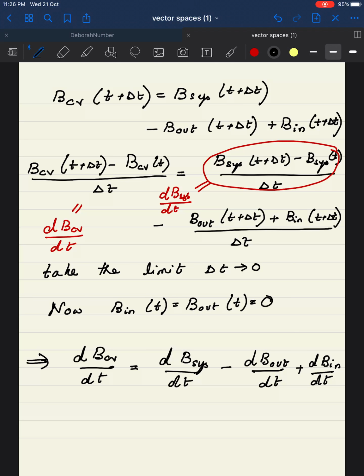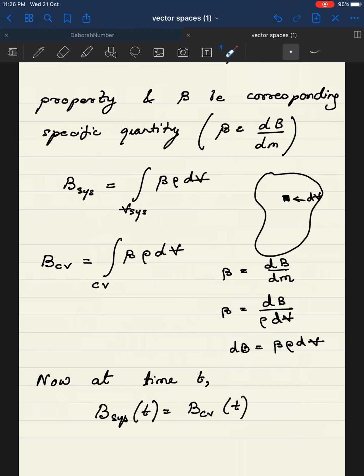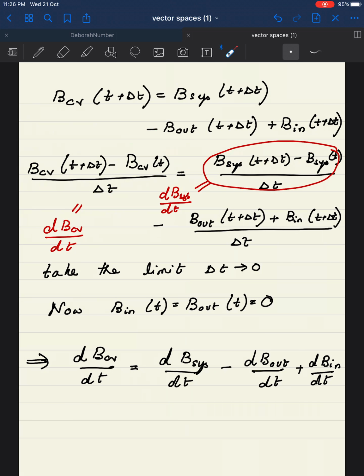So now these quantities, can we start replacing them with these integrals that we have? Okay, so I'm just going to replace it with that. So this should become d/dt. I'm just going to write the integral first.